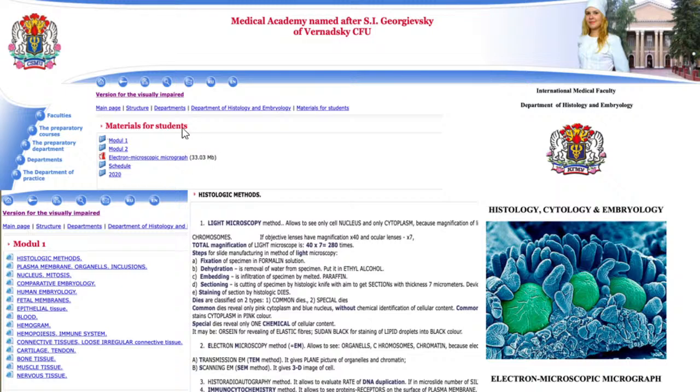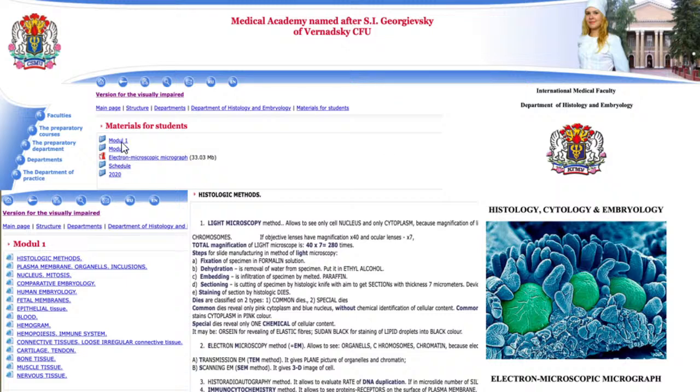In this case, you have Module 1, Module 2, and Electron Microscopic Micrographs. Electron Microscopic Micrographs are a tool of electron microscopic photos of organs, tissues and cells, used for passing the exam.